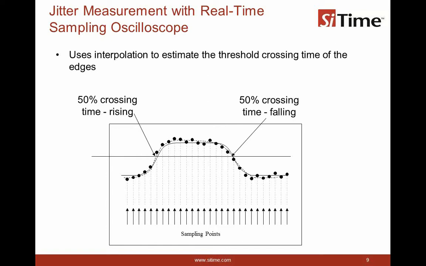That's really the principle the scopes use to estimate edge times, and from there, the differences of those become period jitter. But because it's sampling and interpolating, it could also cause error sources. Exactly. So the sampling mechanism and interpolation cause certain error sources, which are very important to understand to be able to do very good jitter measurement.